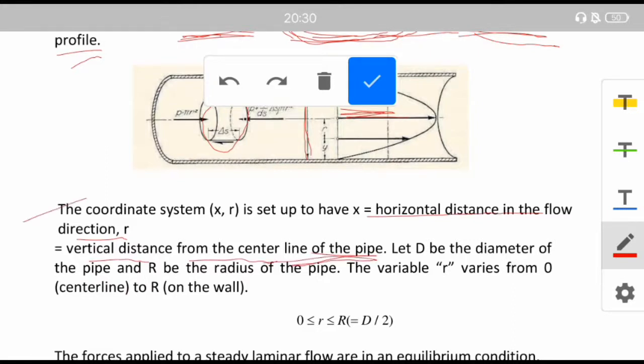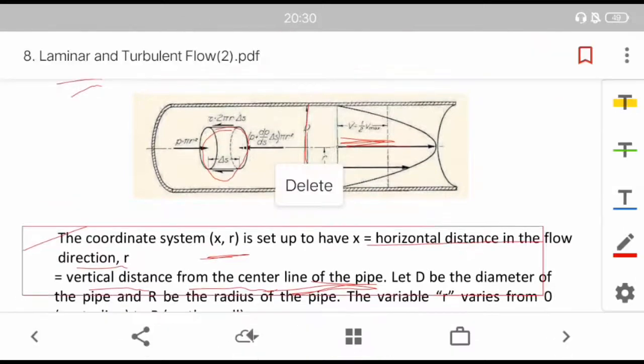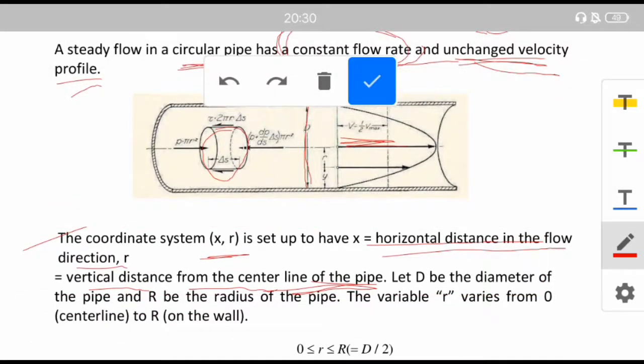That's very obvious. The coordinate system x, r will be kept so that we have x equal to the horizontal distance in the flow direction, and r equal to the vertical distance from the center line of the pipe. Let D be the diameter of the pipe and R be the radius of the pipe.